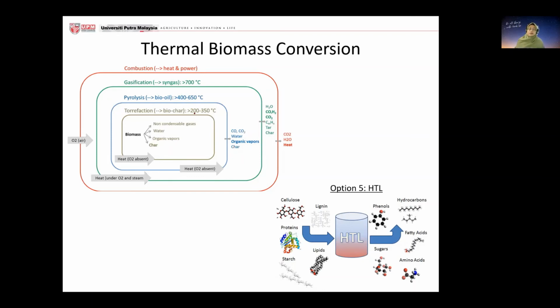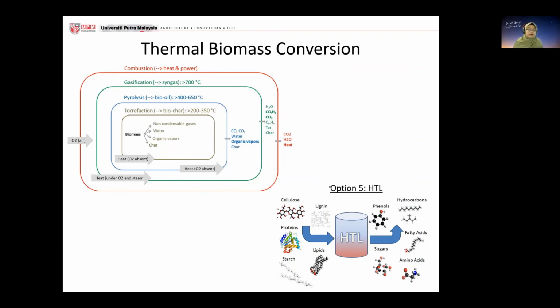If you go lower, 200 to 350 degrees Celsius, it is a process called torrefaction, where the biomass is converted into non-condensable gases, water, organic vapors, and char.